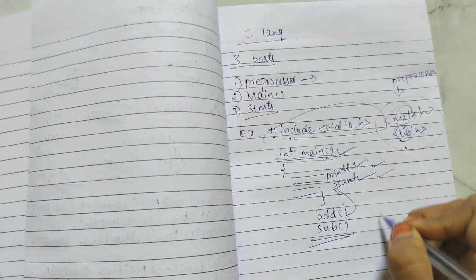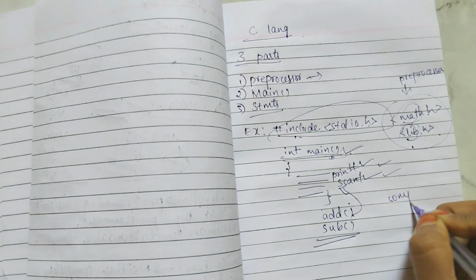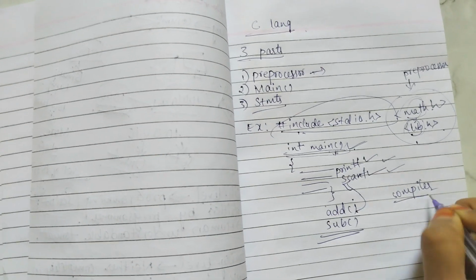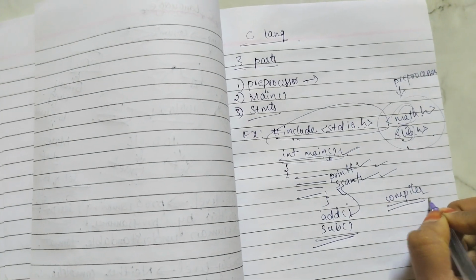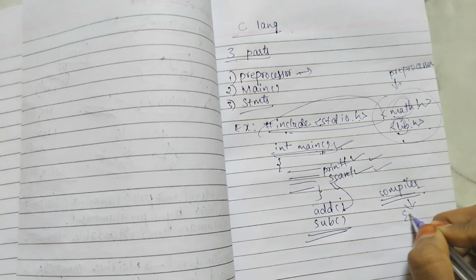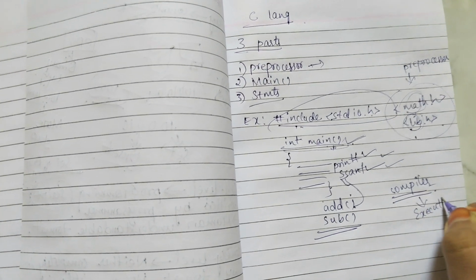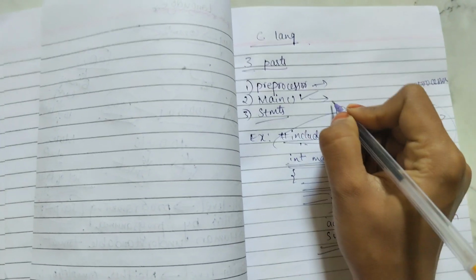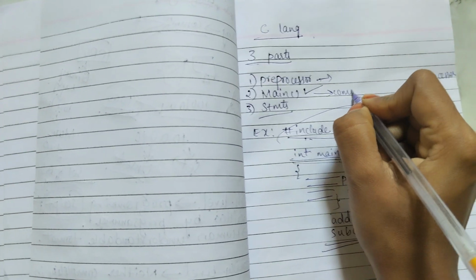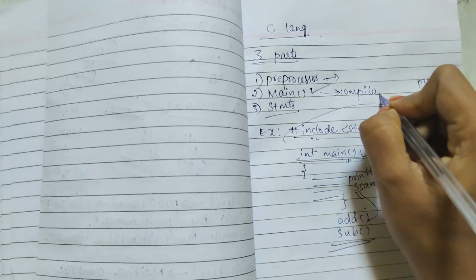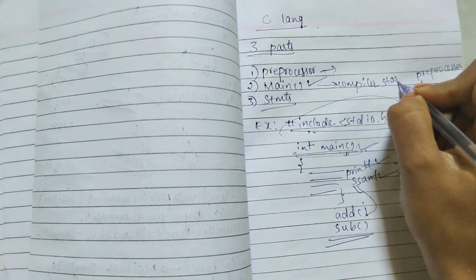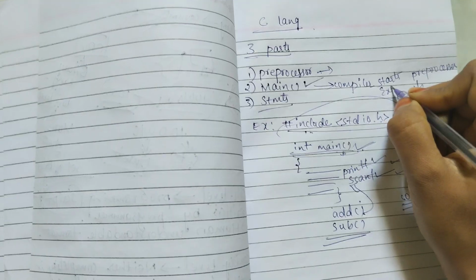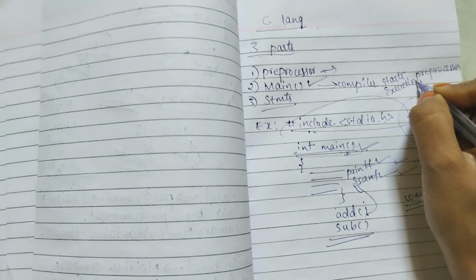But the compiler would be confused about where exactly to start the execution. That's why we have the main function. Always the compiler starts execution from the main function only. Clear with this?